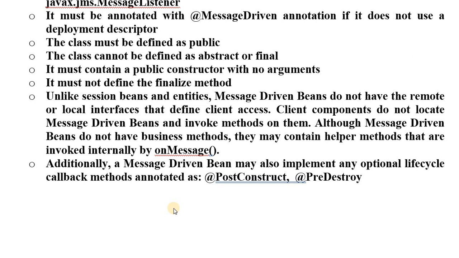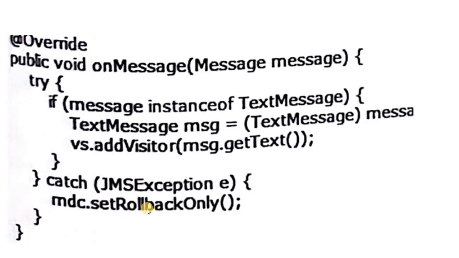If you need any helper methods, you can define those also, and they will be called inside the onMessage method. This is just a small snippet of code. You have an onMessage method which I have overridden. It takes a Message object, and depending on the message, I am just calling another method.